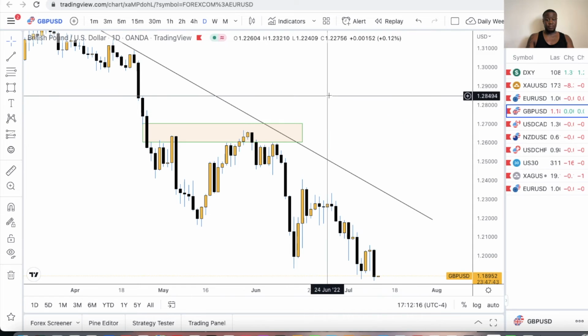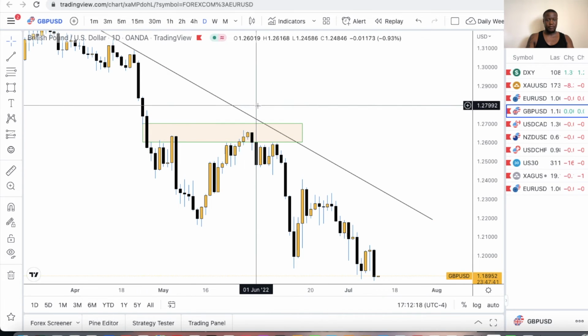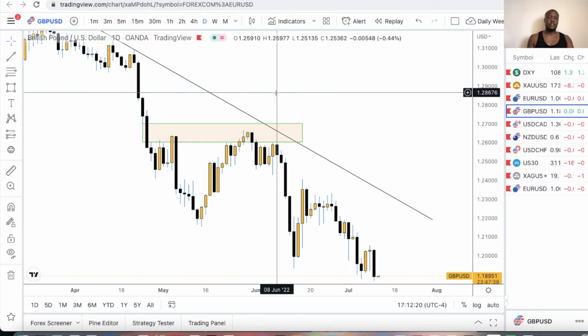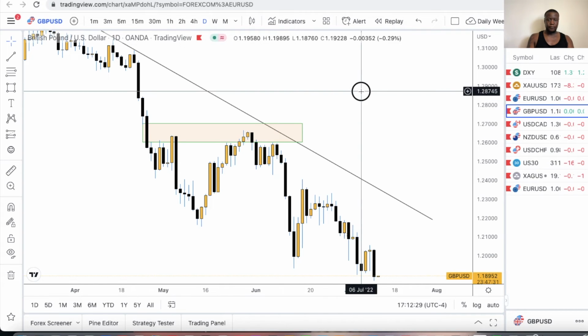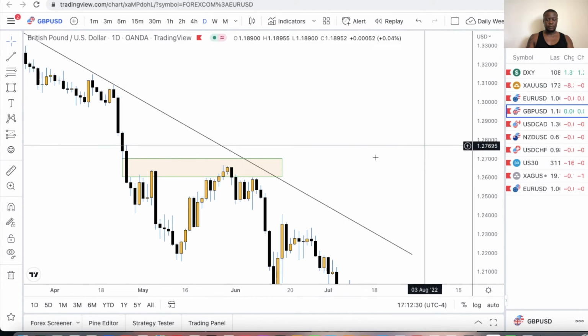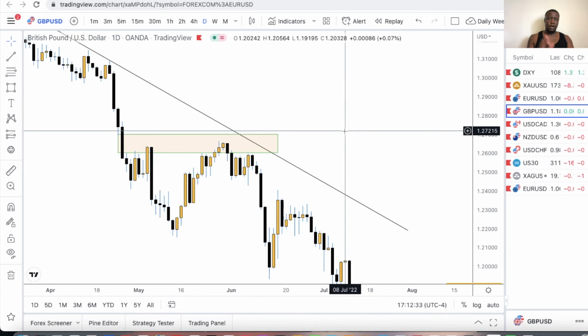Or sometimes price might actually spike above the trend line, but as I said, as long as you have confluences and the reasons why you're entering the trade other than the trend line, then you should be good to go. So always before you enter the trade, just know why you're getting into the trade. It's just that simple.